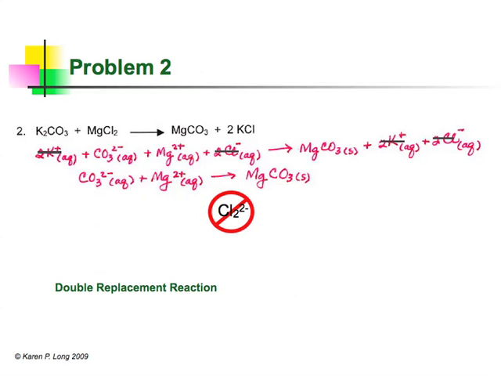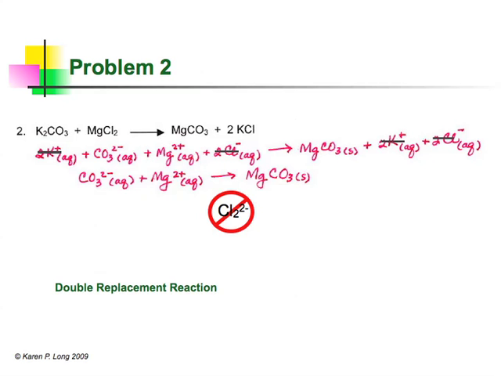If you had to predict the products, you're going to be taking the plus ion from the first compound, combining it with the minus ion from the second compound, that's a K plus and a Cl minus, to make one of the products. And then you'll put the other two ions together to make the other product. The important thing to remember that people sometimes forget is that you must write proper formulas.